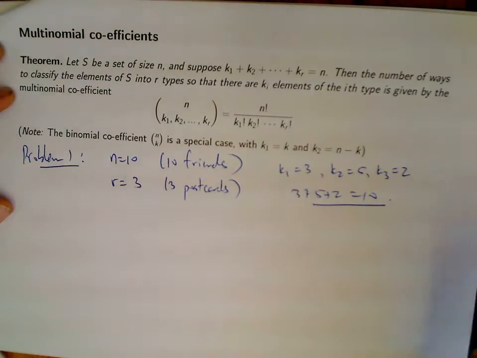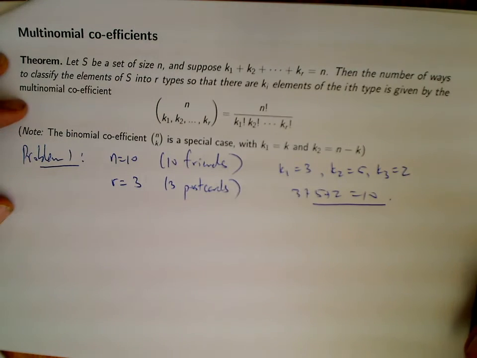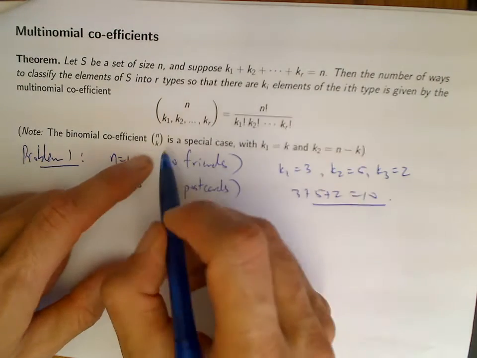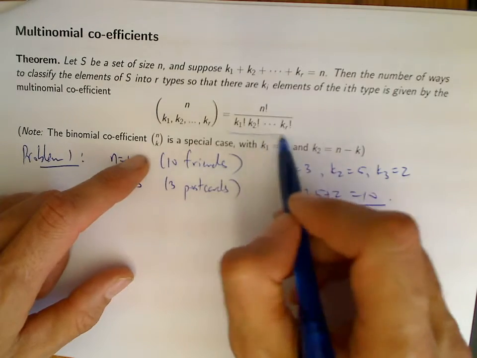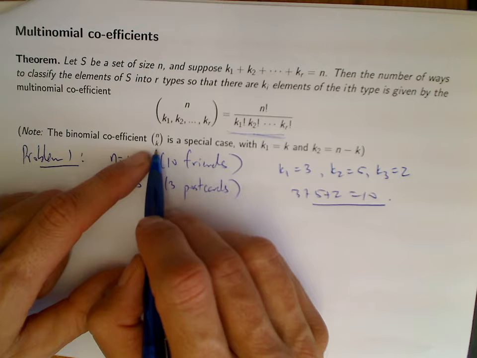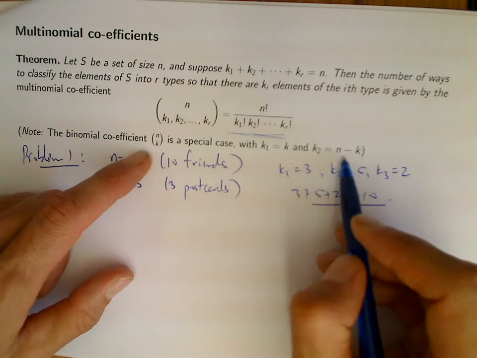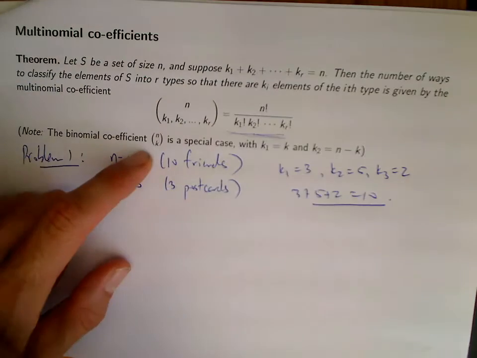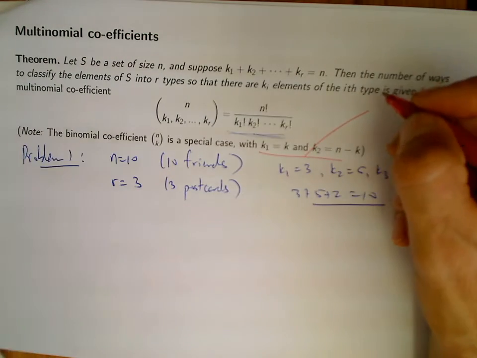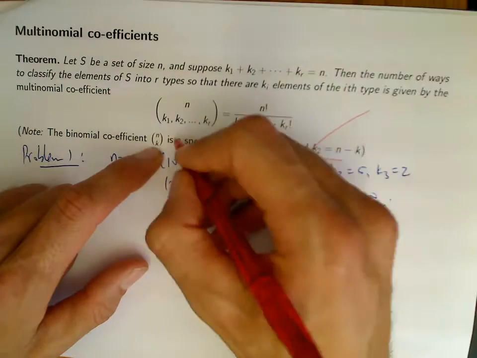Okay, and so then let's look at the answer in a moment. Let's see why this is true. But before we do that, you might say this looks kind of familiar. Haven't I seen something a bit like that before? And you have, because the binomial coefficient is a special case of this, where k1 is equal to k, and k2 is equal to n minus k. We said this was the number of ways to choose k objects from n.